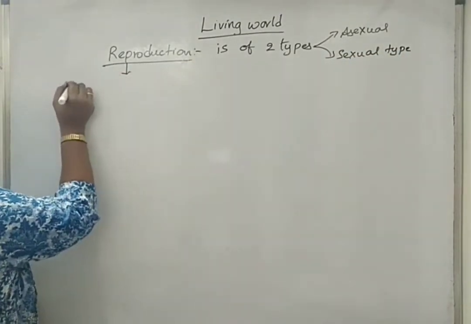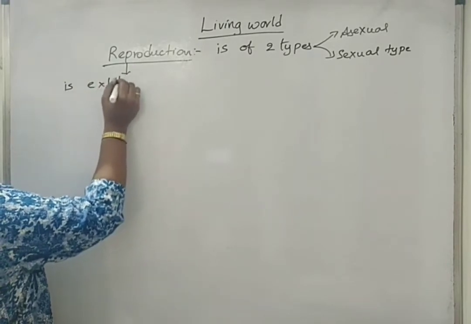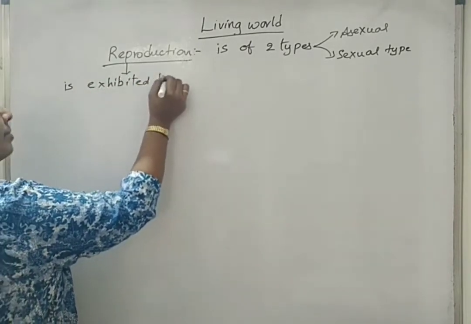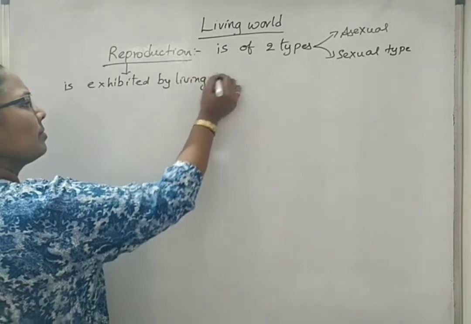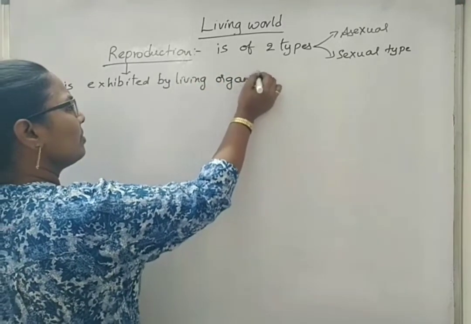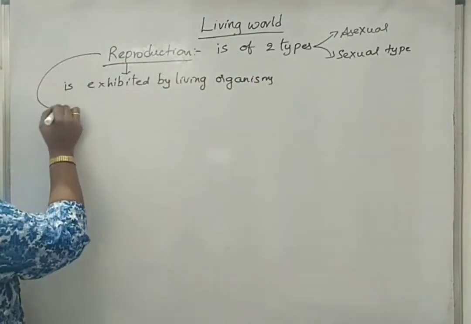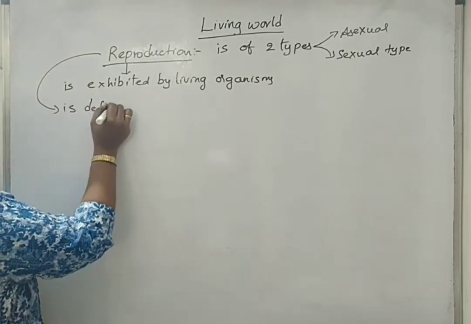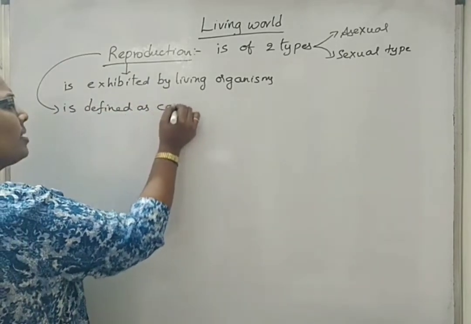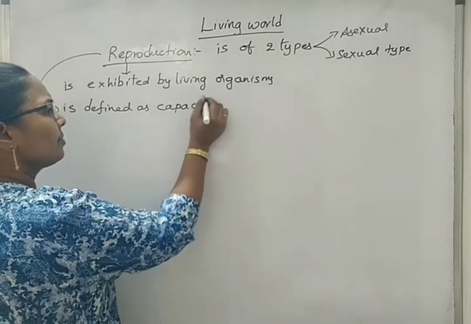Reproduction is exhibited by living organisms. Reproduction is defined as capacity to produce the offsprings.